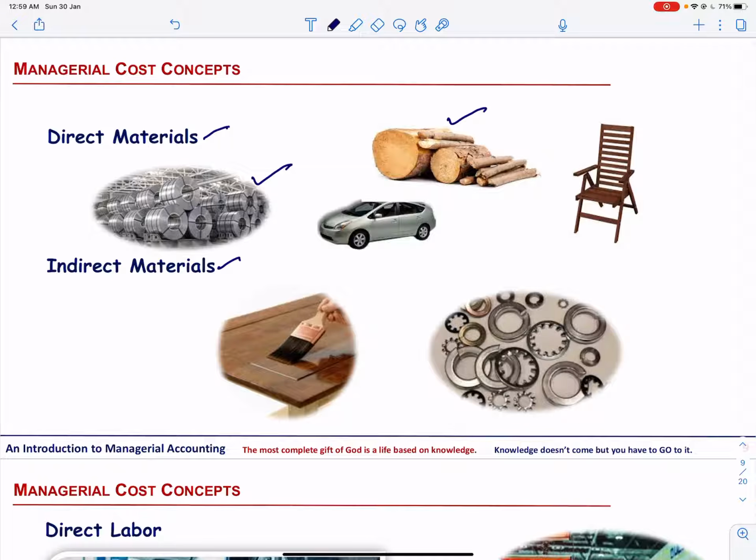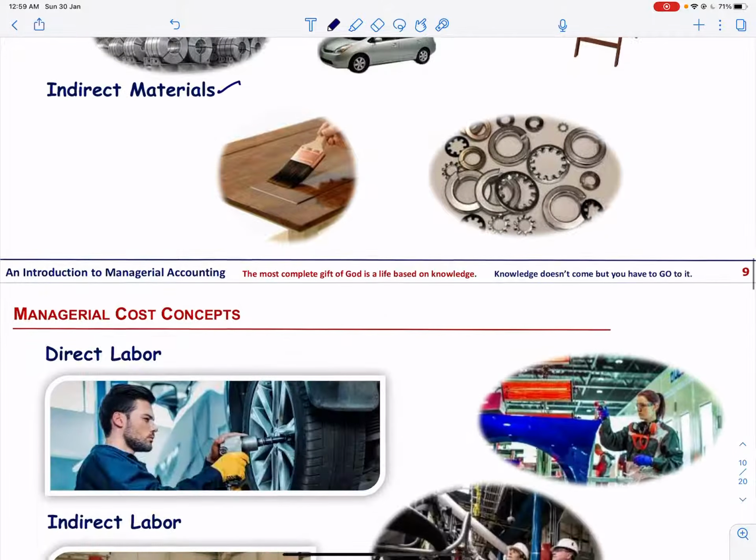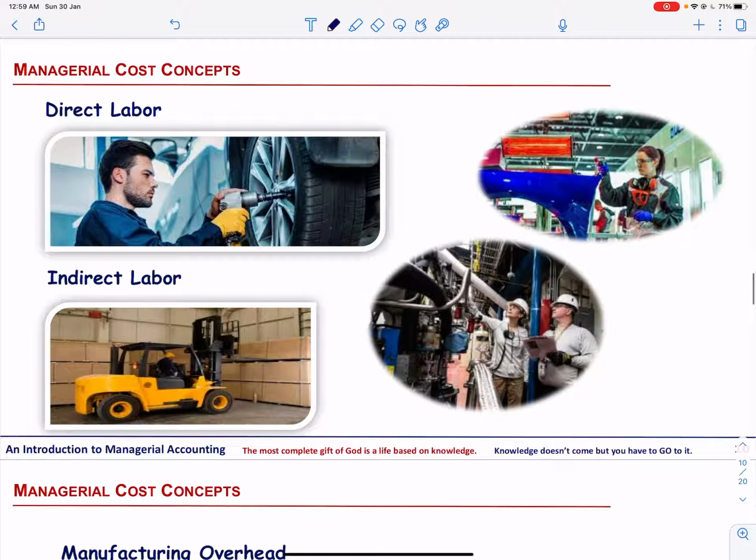Let us talk about the second manufacturing cost, that is direct labor. Labor used in the manufacturing process can also be classified into two broad categories: direct labor and indirect labor. Factory employees whose work can be directly associated with converting raw material into finished goods are classified as direct labor, like painters or engineers in an automobile factory.